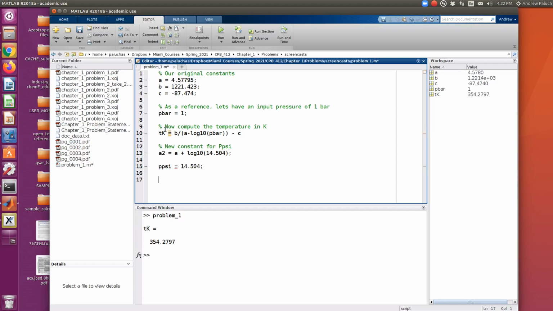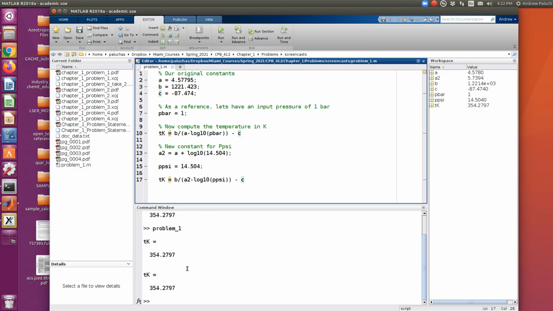So what should happen is if I take our original equation and I update my constant A to now be this A2, I can now give my input pressure in units of PSI. And if I do that, I get the same temperature, 354.2797.